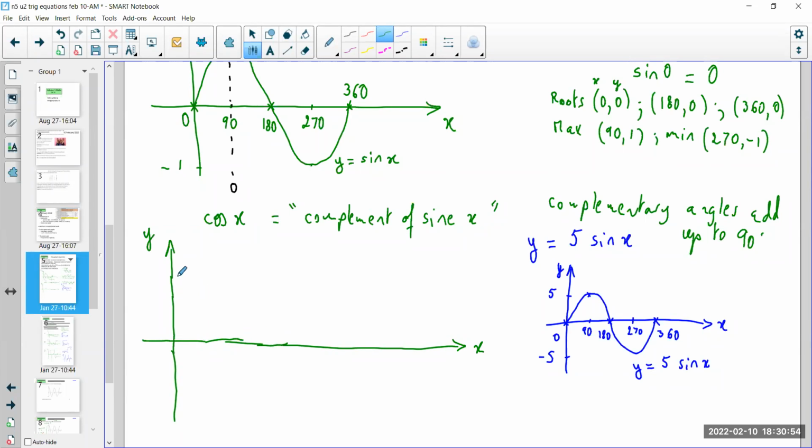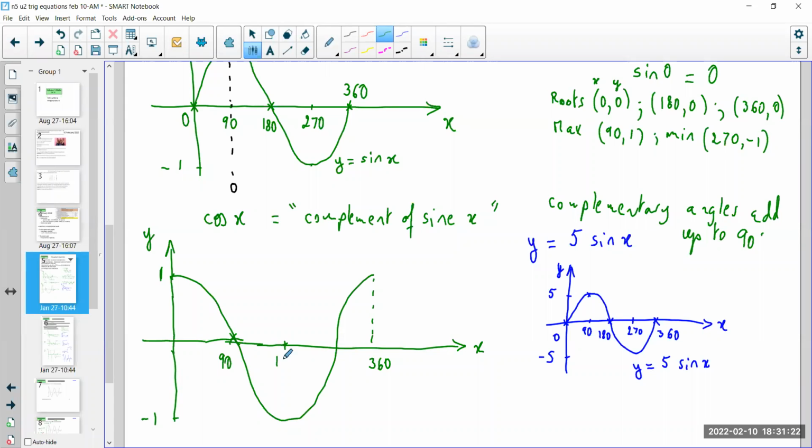So my cosine basically is just this shape and finishing there at 360. And if you were to do cosine 360, you would find that it's 1, and cosine 0 is 1 as well. So it goes from 1 to -1 and passes here at 90 degrees.